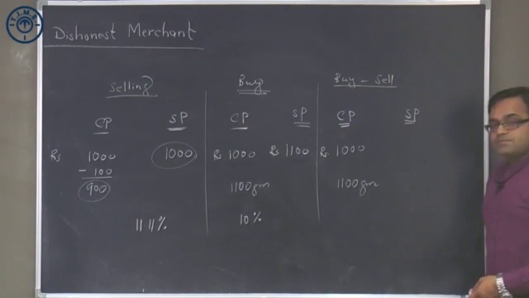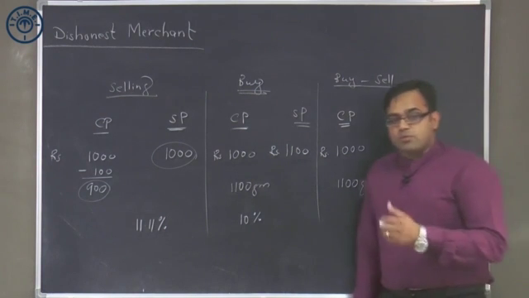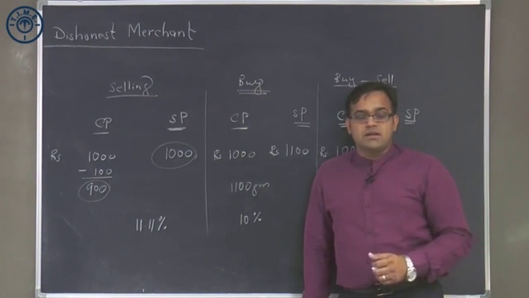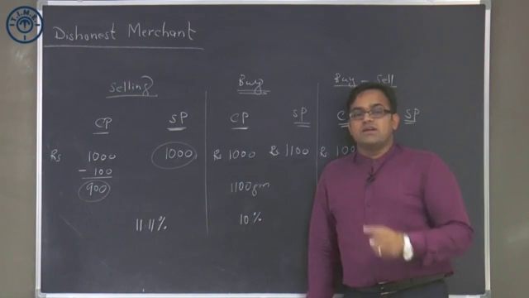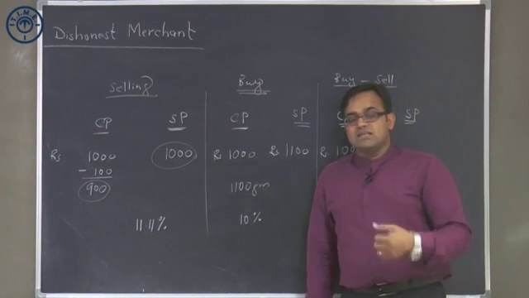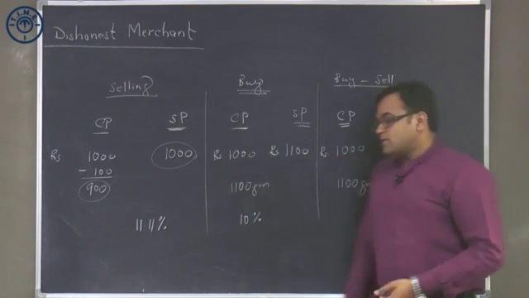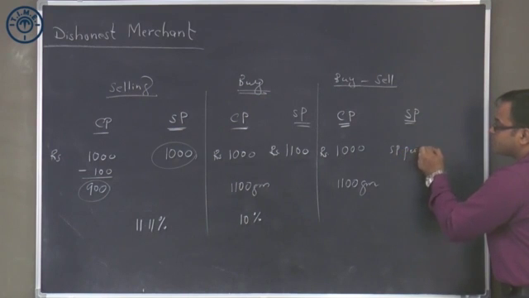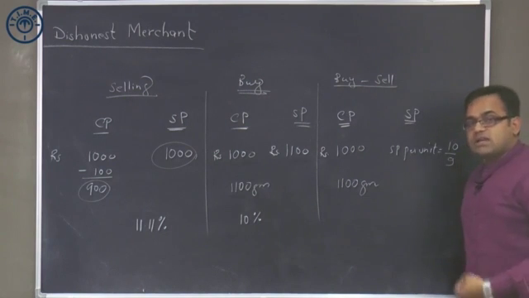When he sells it, for every 1000 grams that he purportedly sells, he is actually giving only 900 grams. So for every 900 grams he is charging 1000 rupees. That means his selling price per unit is 10 upon 9, because he is getting 1000 rupees for selling 900 grams.